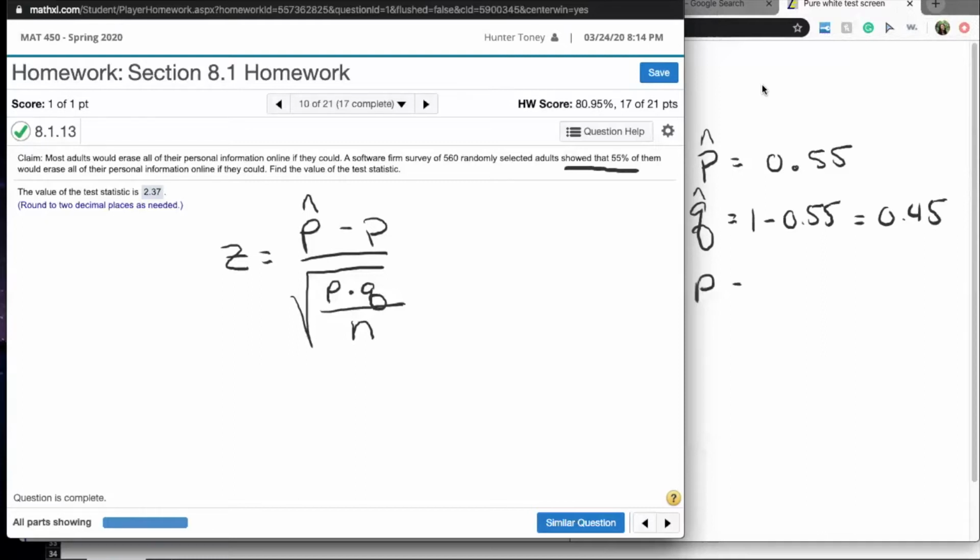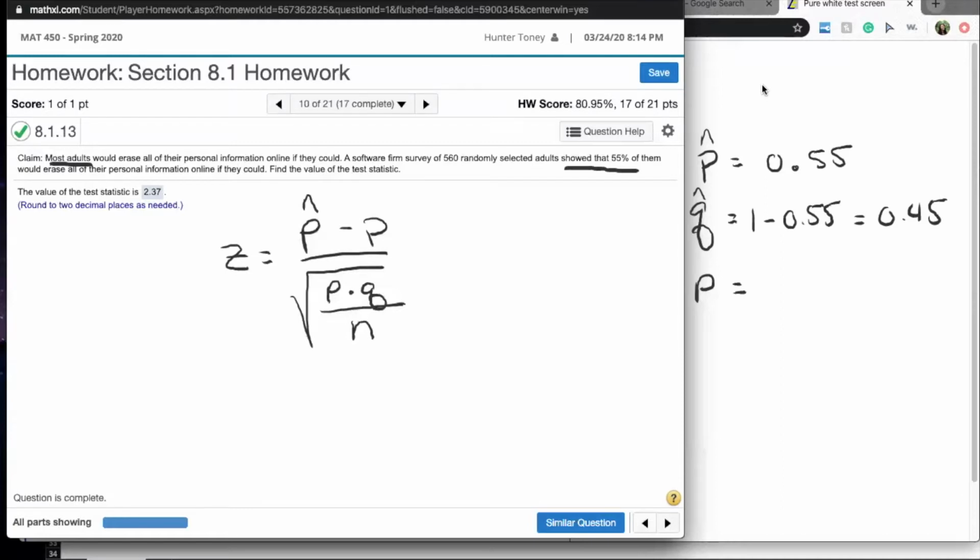Our p is what kind of makes this tricky. So if you notice, they didn't actually give you a proportion, but when you look at the problem, they say that most adults. So whenever you see most, you know you're going to have more than 50% of people.